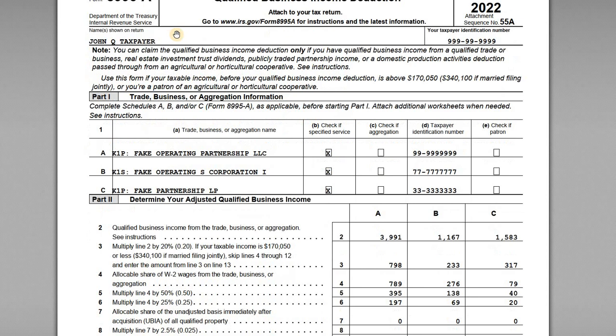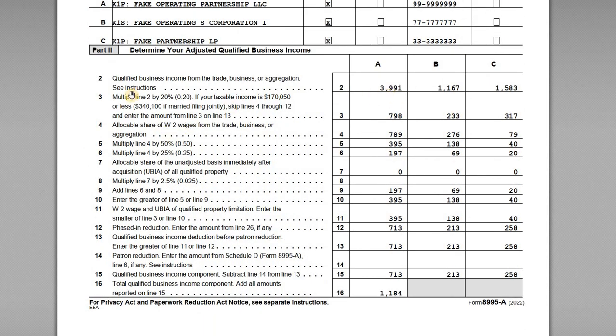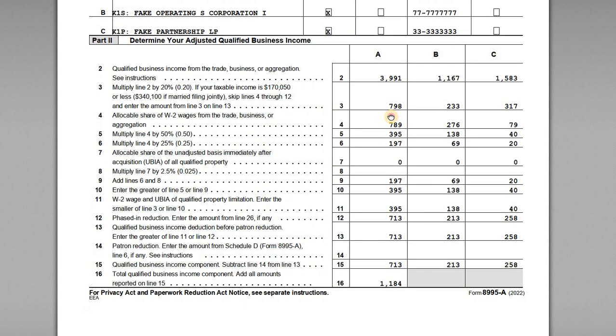So if we come back up here to the 8995A, Part 2, you'll see here the adjusted amounts that are flowing through from Schedule A. So we've got the 3,991 in adjusted QBI from this first specified service trade or business. Line 3, we multiply this by 20%. We get a $798 figure.